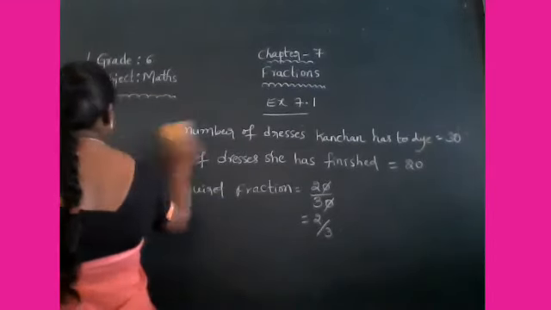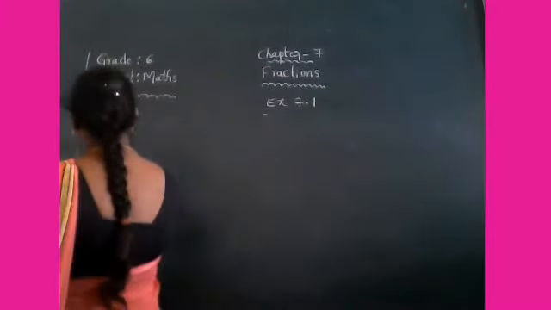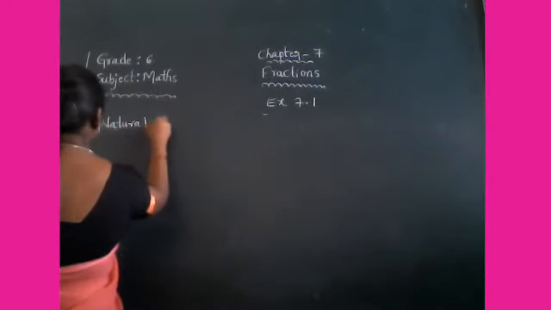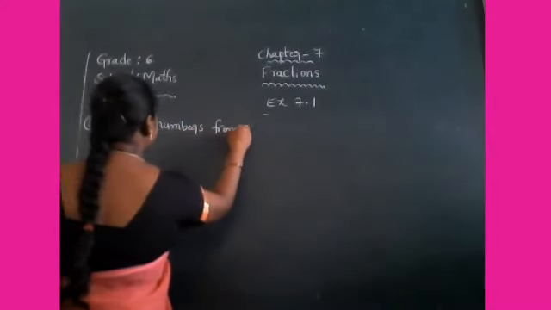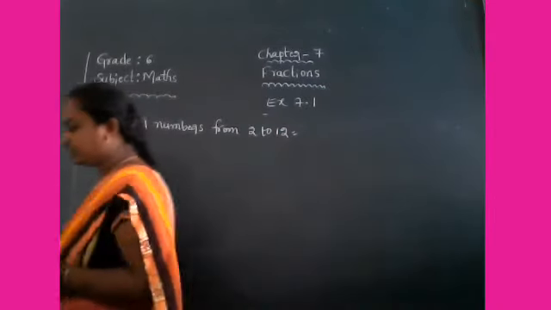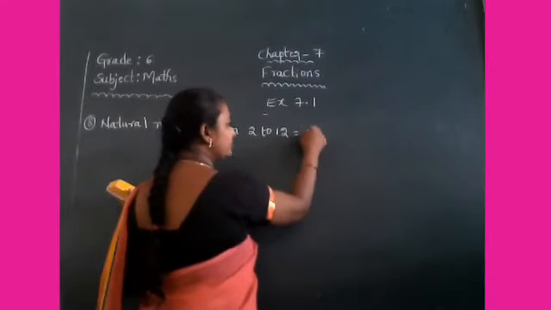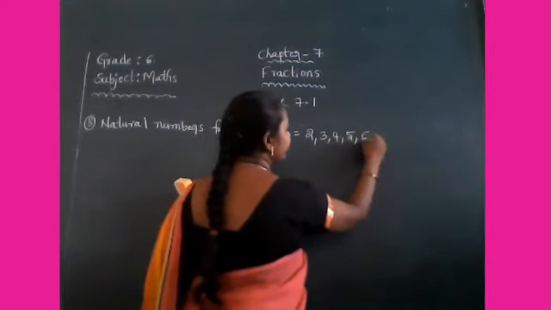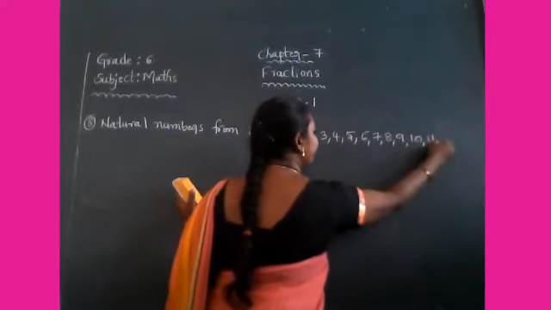First, write the natural numbers from 2 to 12. You can include 2 also: 2, 3, 4, 5, 6, 7, 8, 9, 10, 11, 12.